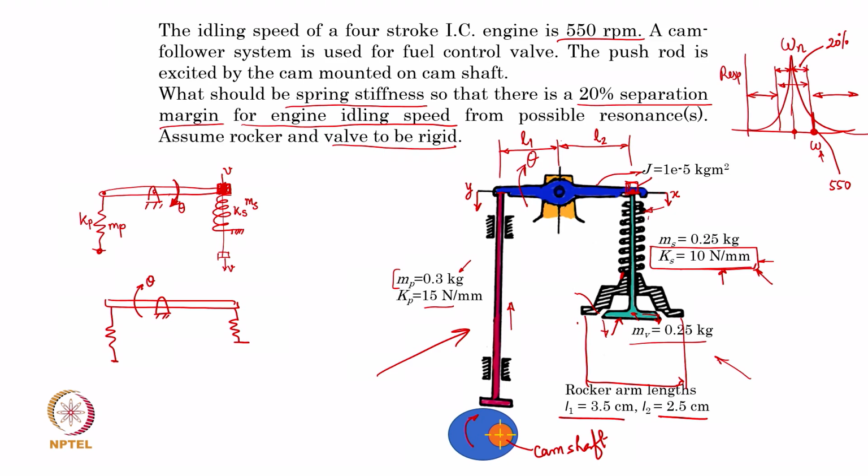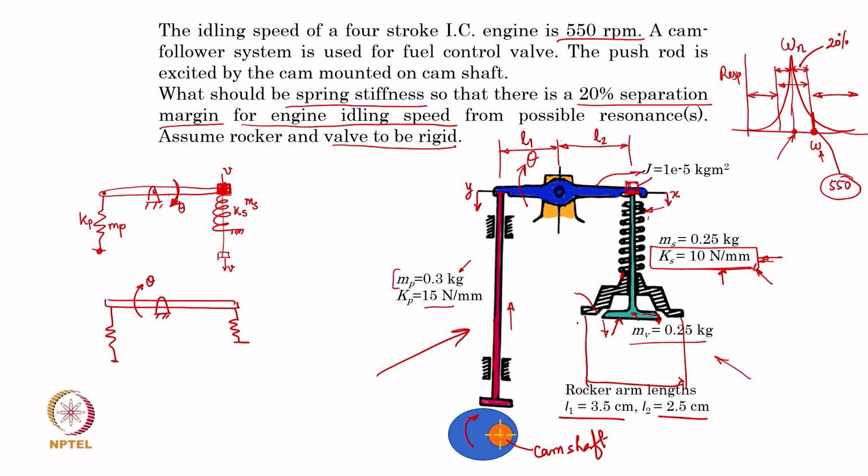I will have 20% difference in the two speeds, and then I will be safer. Okay. So, the natural frequency that I get by using this value of the spring stiffness should be 20% away from the excitation frequency 550 rpm.